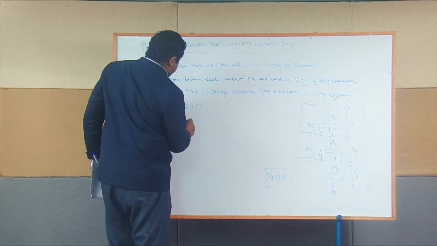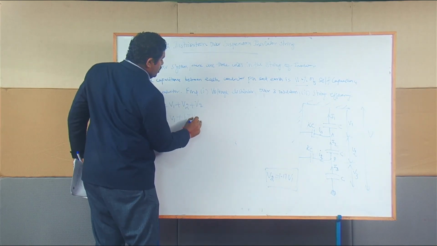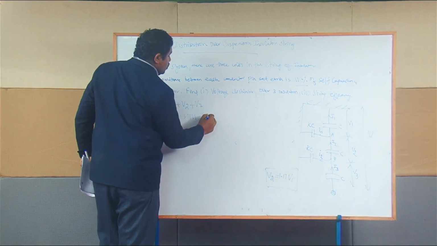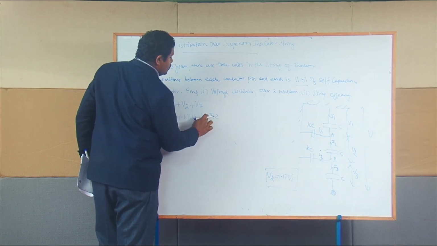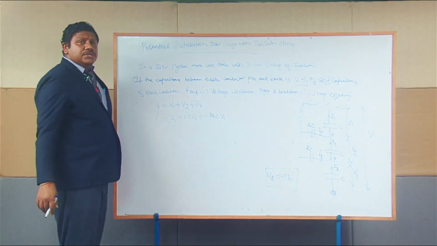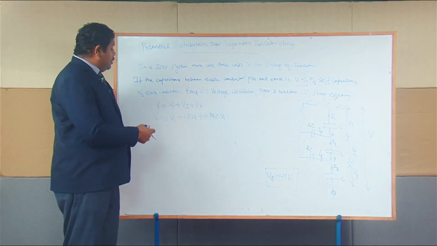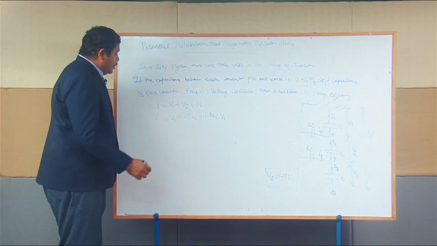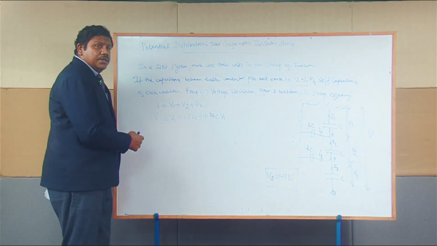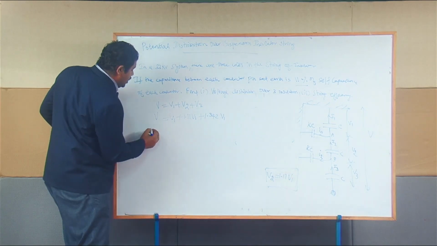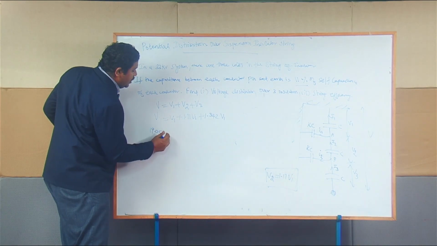V2 is in terms of V1, so 1.11 V1, plus V3 also in terms of V1, so 1.342 V1. So now you have reduced the parameters into a single parameter, the total voltage in terms of V1. If you simplify this, we know the value of total voltage, it is 19.05 kV.